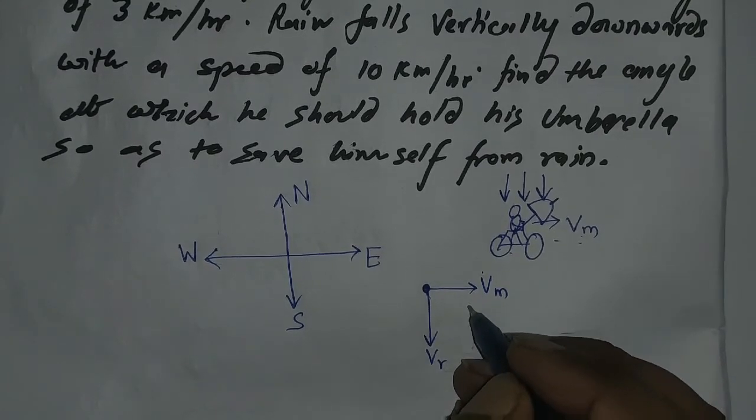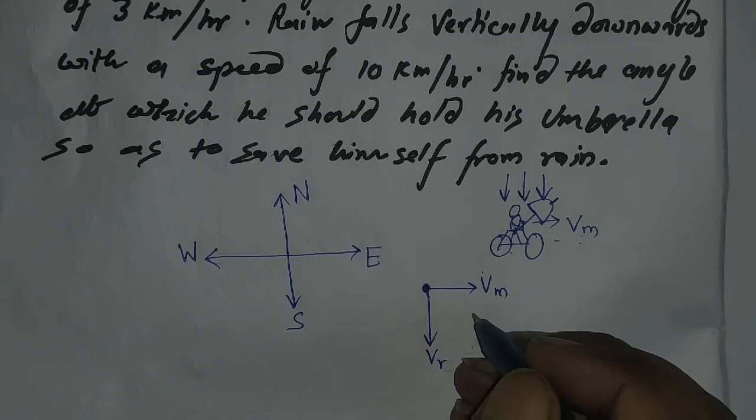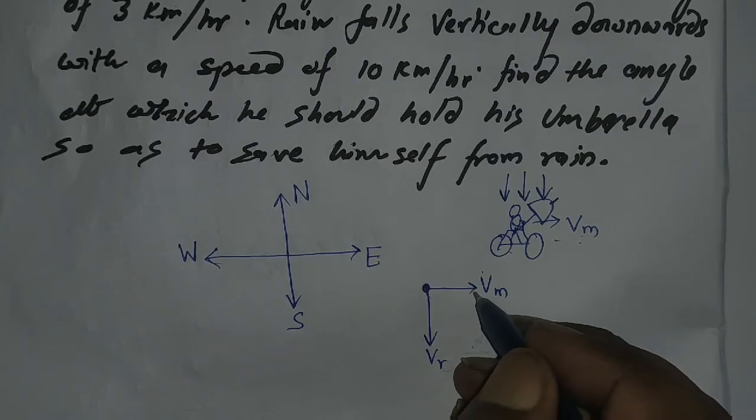So students, in which direction should he hold his umbrella for saving himself? What will we have to do? We will have to find the relative velocity of rain with respect to man. Means in the man's frame of reference, what will be the velocity of rain, that we will find.